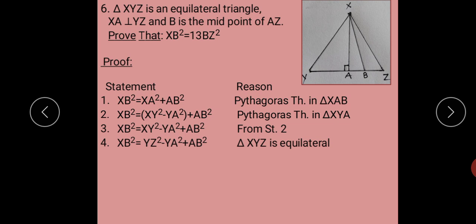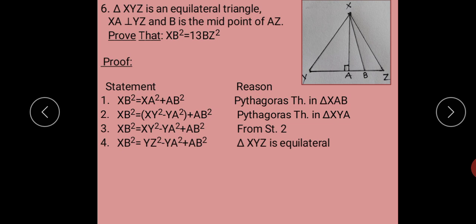Now, we'll go on replacing with BZ. Now, A is the midpoint of YZ and B is the midpoint of AZ. Therefore, relation between BZ and YZ is 4 times BZ. So, in place of YZ, we will write 4 times BZ.